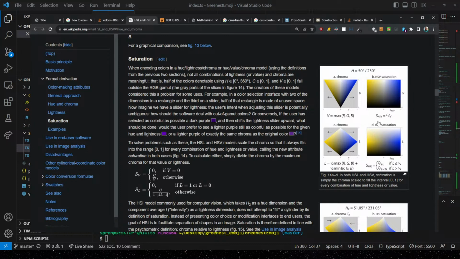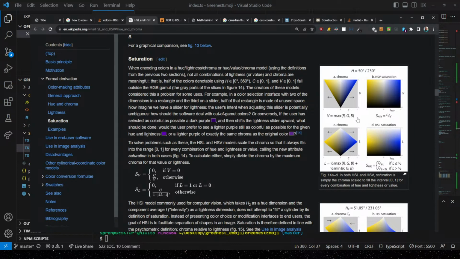So 0 saturation. Wait. So is this saying that you can use the 0 saturation, but 1 lightness is white? Zero saturation, and then 1 saturation, or well, okay, full lightness, but any saturation is white.